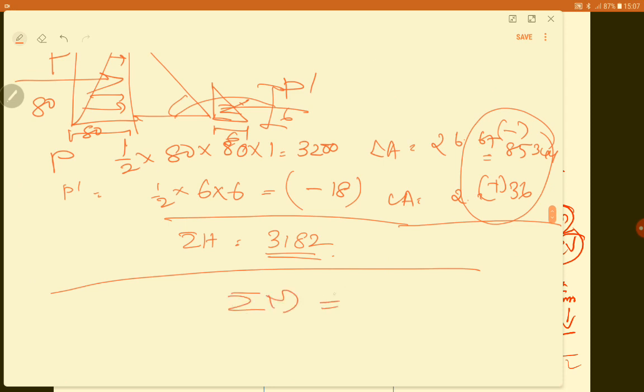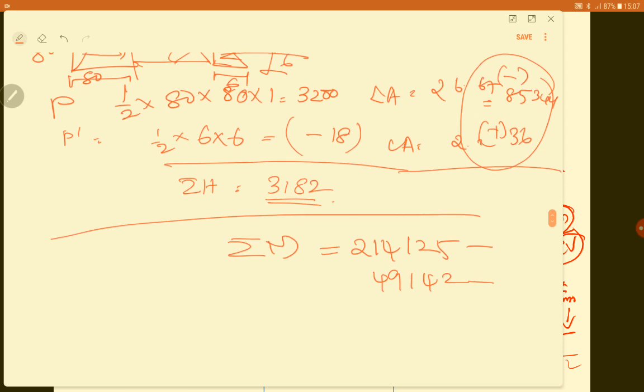Okay, so sigma m will be equal to 214,125 minus 49142 minus, this summation will be equal to 85308.